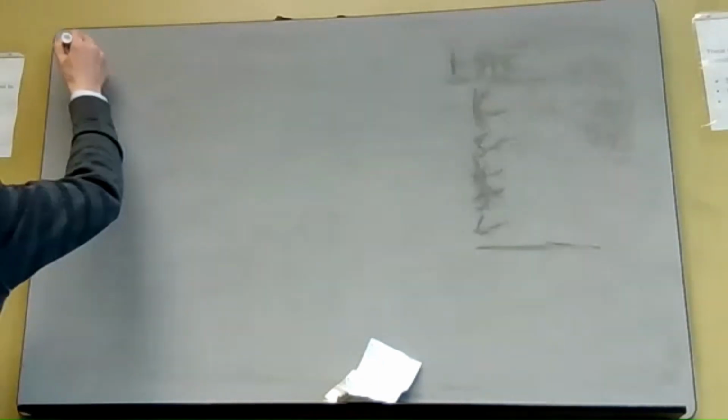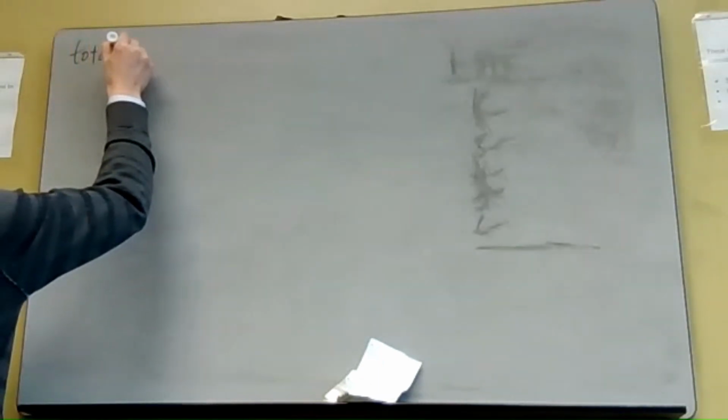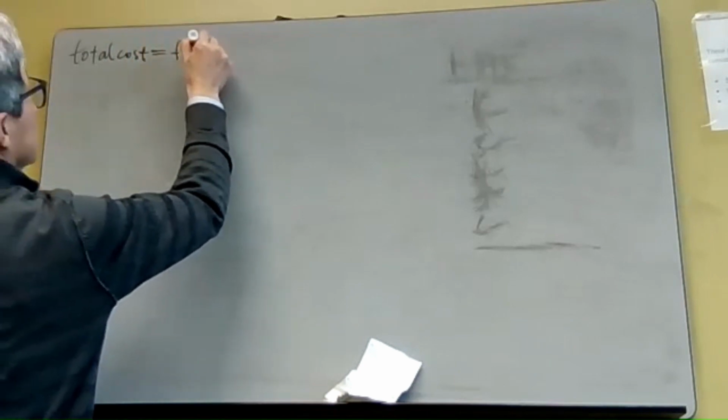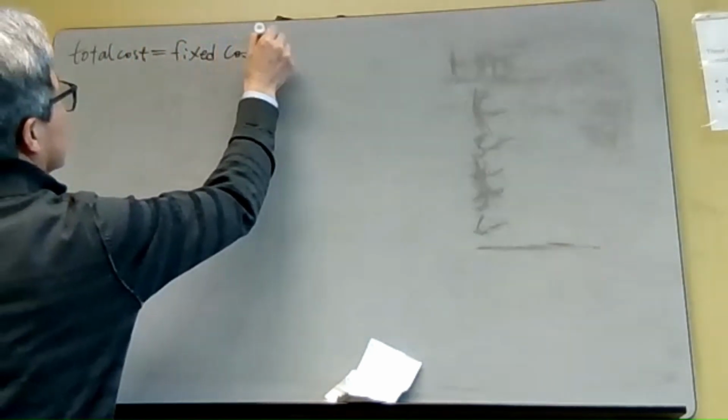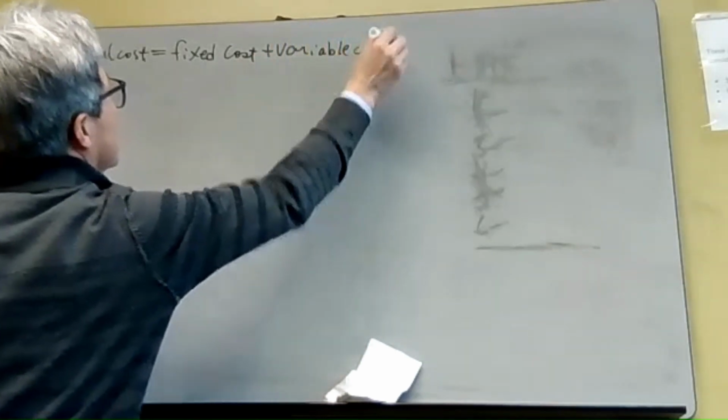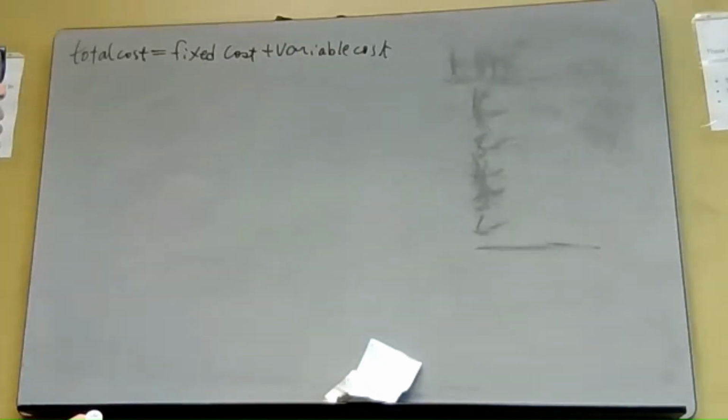So when it comes to total cost, it is the fixed cost plus variable cost, as you know. Variable cost is per unit cost. The fixed cost is the exact amount of cost which will be spent no matter how many products will be produced.